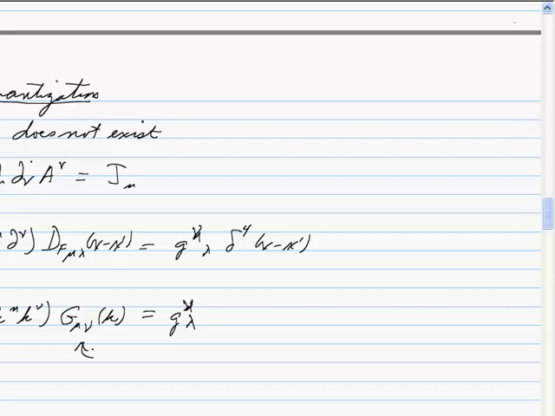The most general form of G mu lambda of k is some a of k squared times G mu lambda, plus some b of k squared times k mu k lambda.